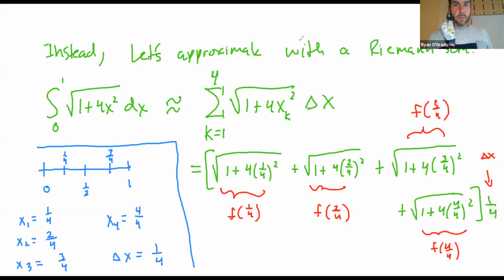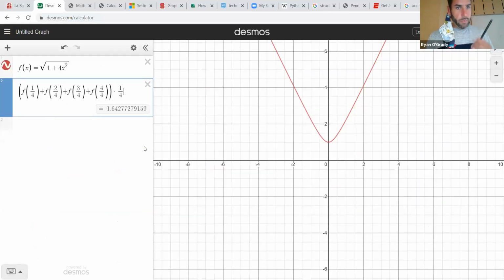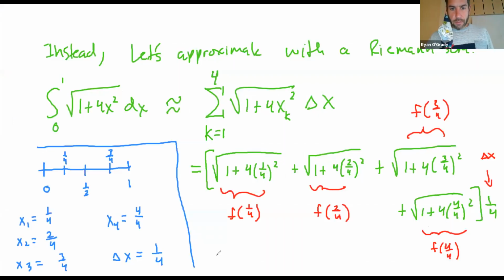And so when we have a calculator do that for us, we get 1.642. So this is approximately 1.642.